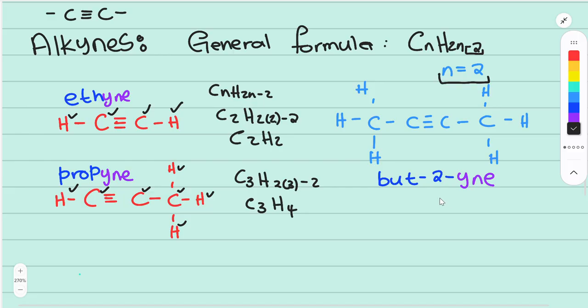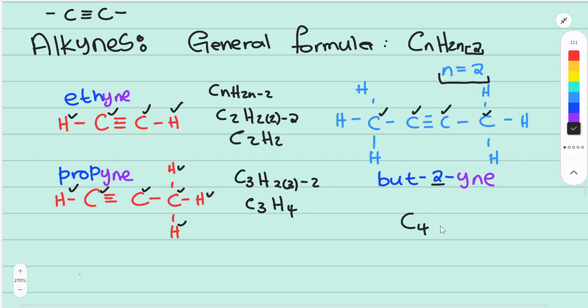Let us do this last one for the show, and then we move on to the other homologous series. We have but-2-yne here. As I said, the 2 is going to indicate the position of your double bond or triple bond, but that will be covered in the other video when we are doing naming. So here in but-2-yne, how many carbons do we have? 1, 2, 3, 4 carbons.